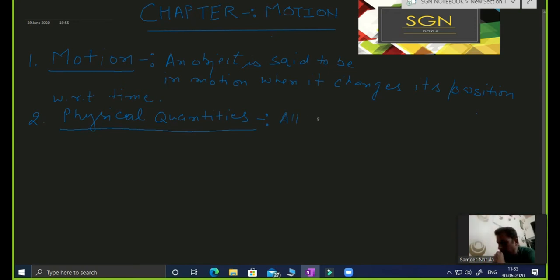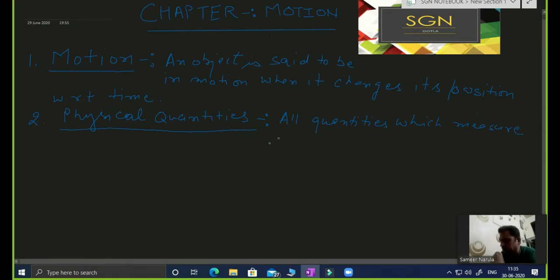All quantities which measure our physical world are called physical quantities.